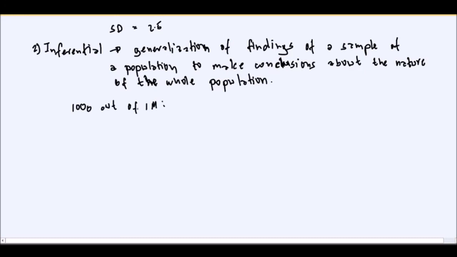Then during your data gathering process, data presentation and data analysis, you found out that 90% of the 1,000 are in favor of online class. So you could make a conclusion that also 90% of the 1 million are in favor of online class. So that is inferential.